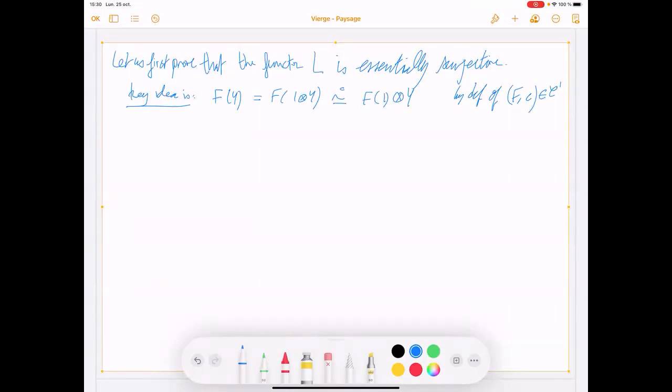So you see that any object here reduces to tensoring on the left by F(1). This is the key of the proof.